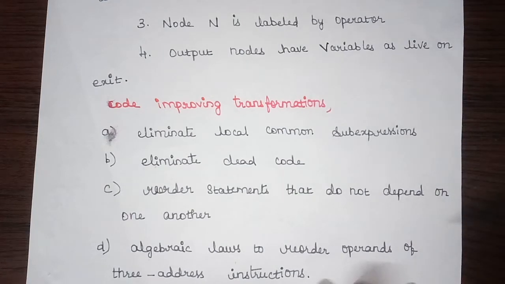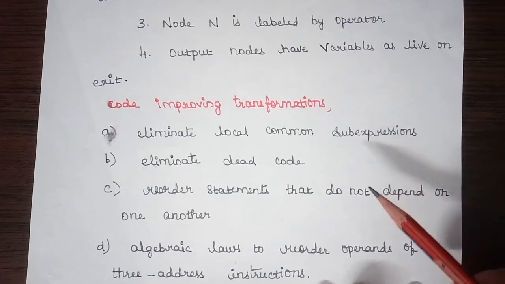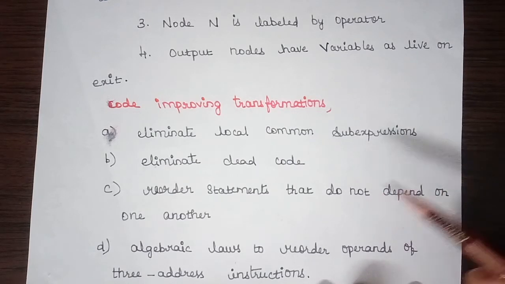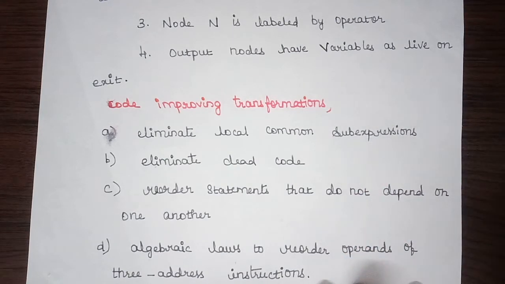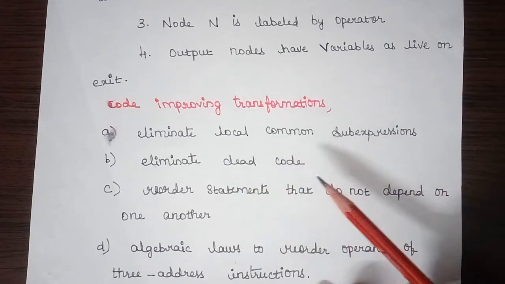Those can be eliminated. The next transformation is eliminating dead code. When an instruction computes a value that can never be used in the program, that code is termed dead code, and we can eliminate it.